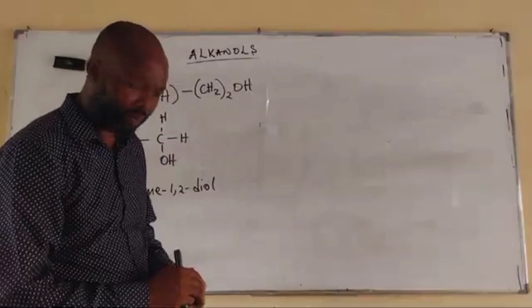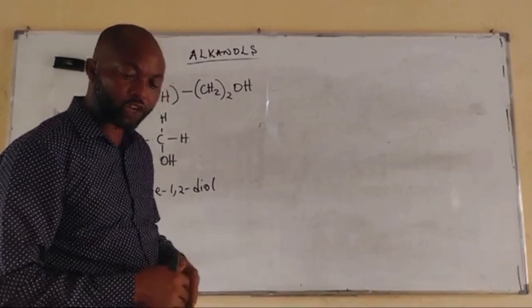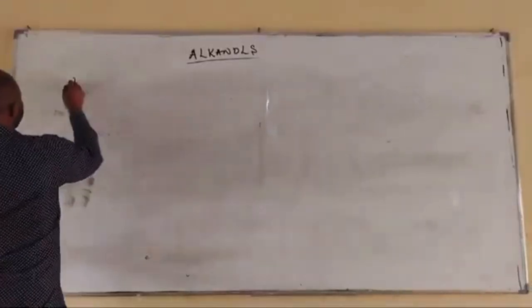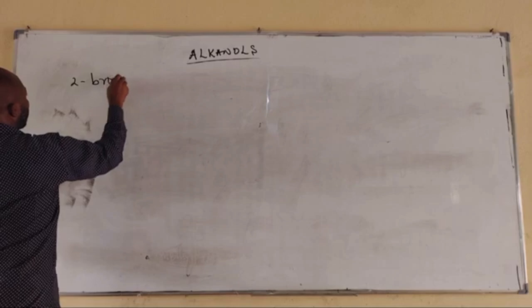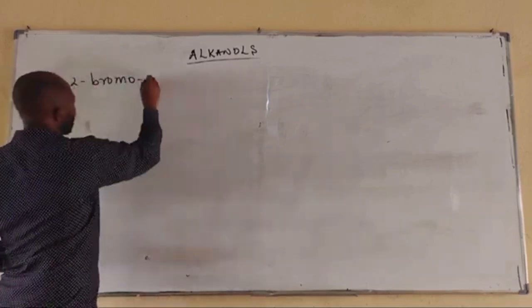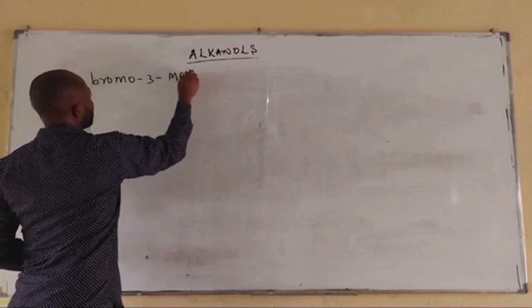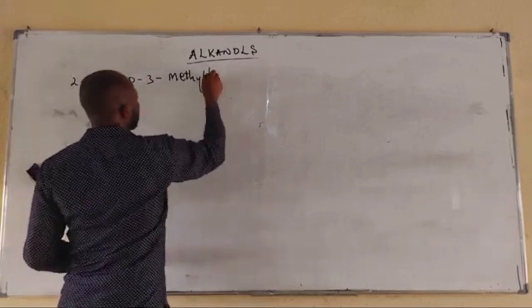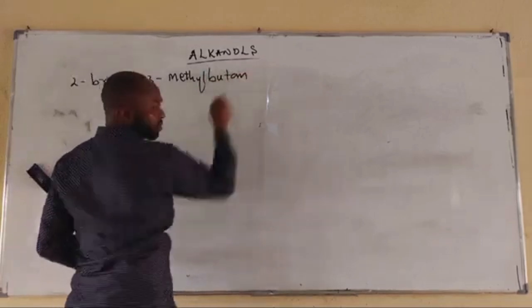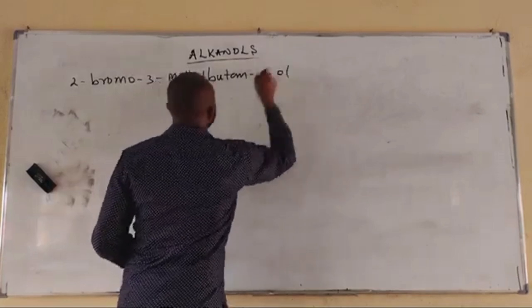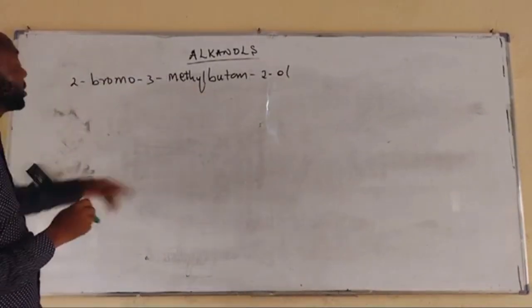Okay. Let's write the structural formula of the following. 2-bromo, 3-methyl butan-2-ol. So our parent chain first is the butane.